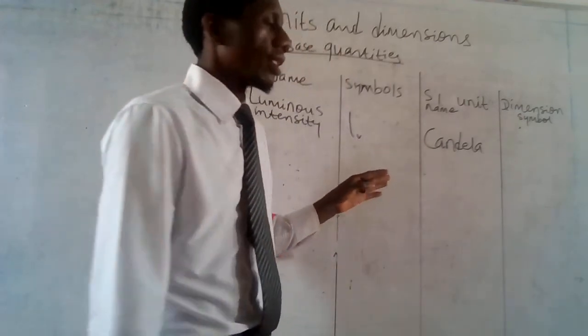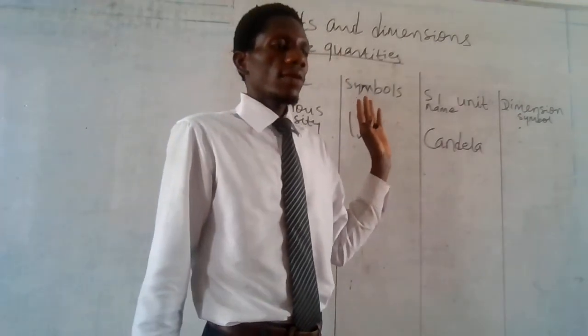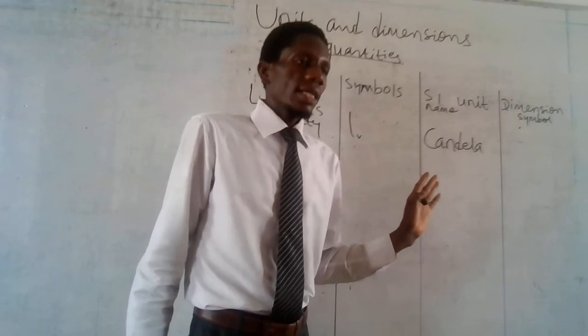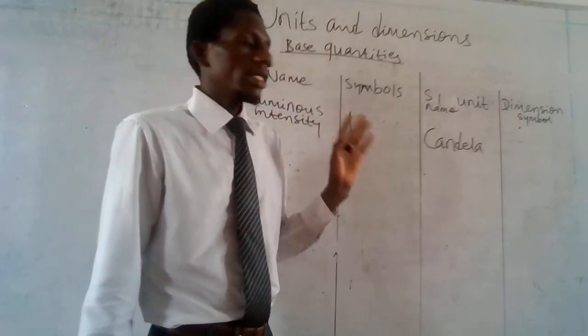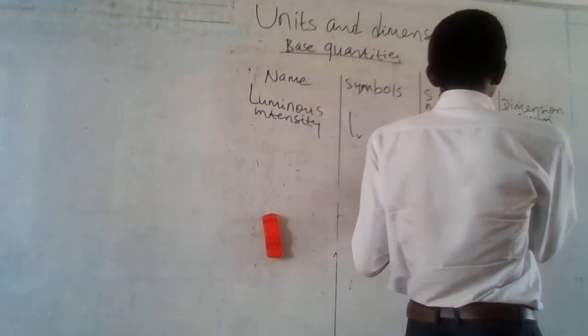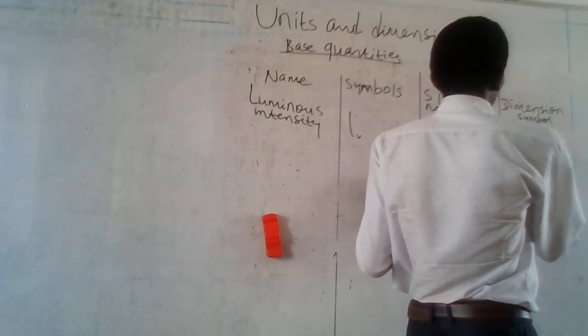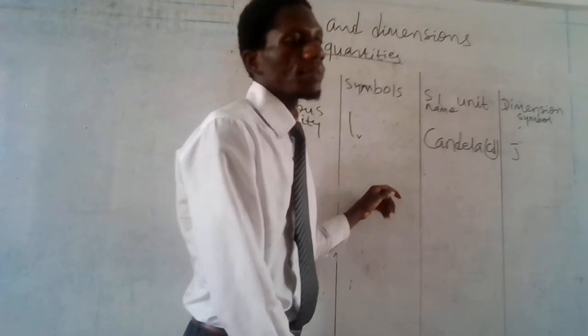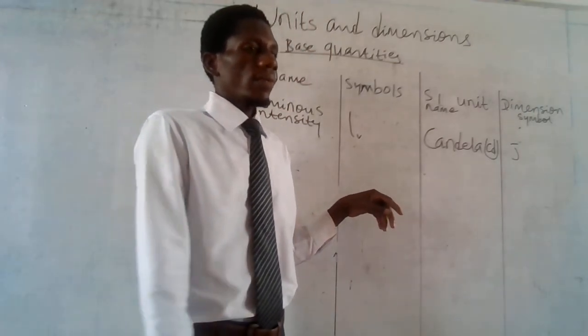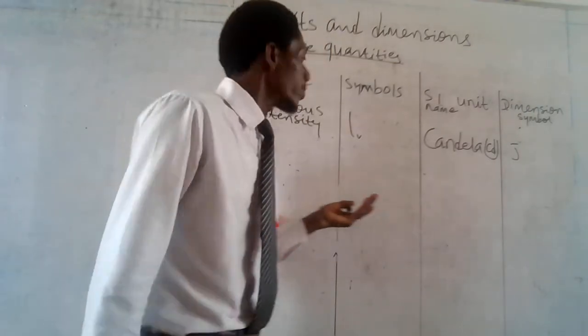And the dimension symbol for luminous intensity is J. J.